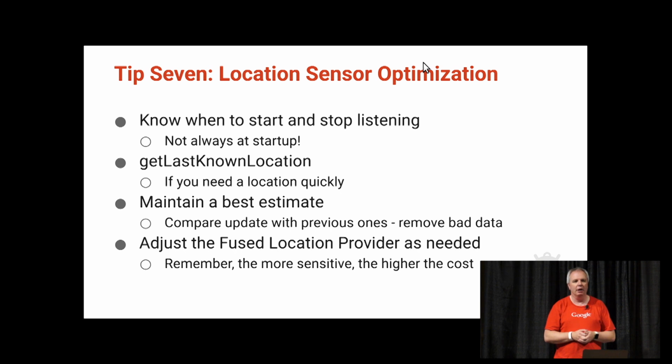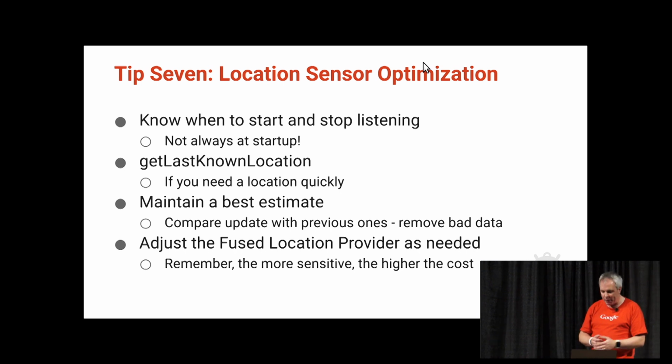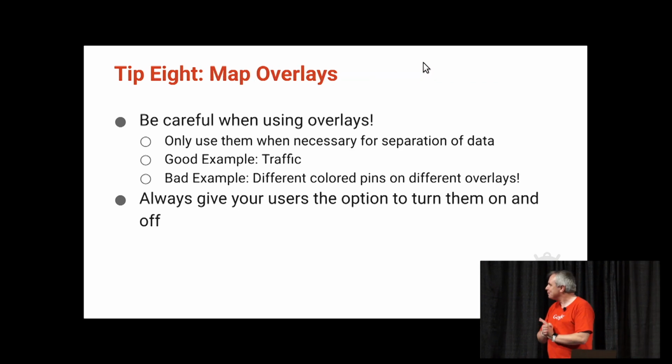Maybe you're building an application, for example, that says find the nearest coffee shops near you. You turn on the Fused Location Provider to the highest level, you find out where you are, and then you turn it right off again, or you turn it down. It's a really, really powerful tool, but like any powerful tool, you have to use it wisely. So remember, the higher the sensitivity, the higher the cost, and your users don't like it if you spend their battery life flippantly.